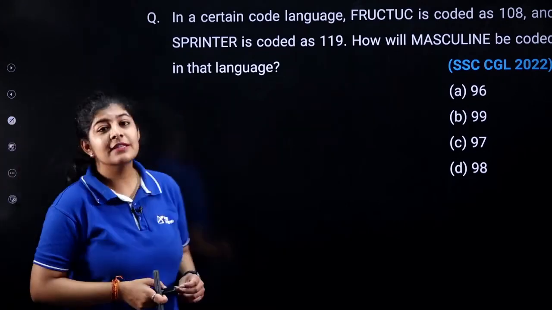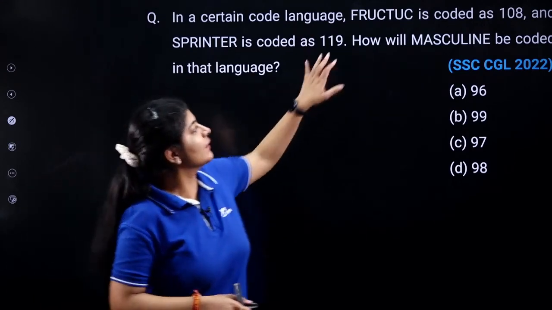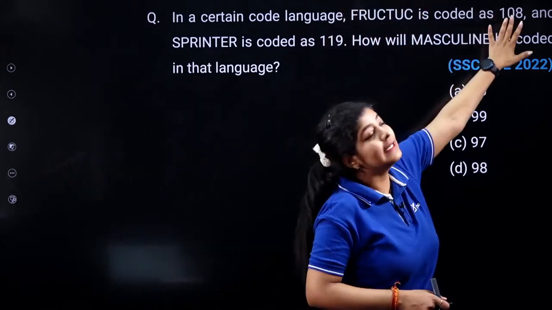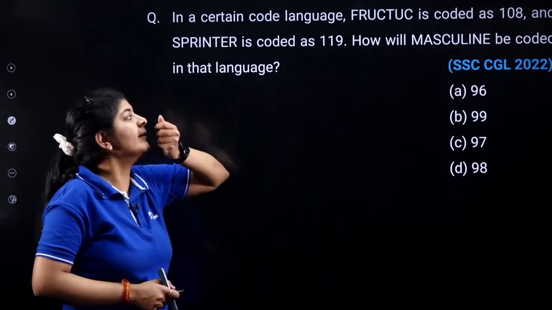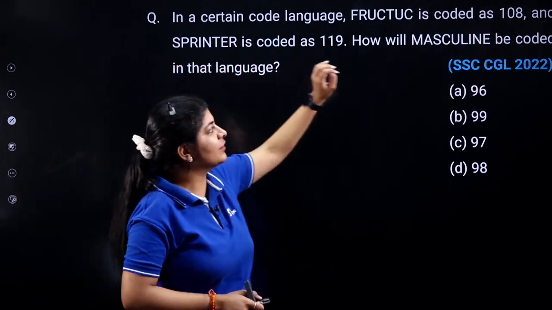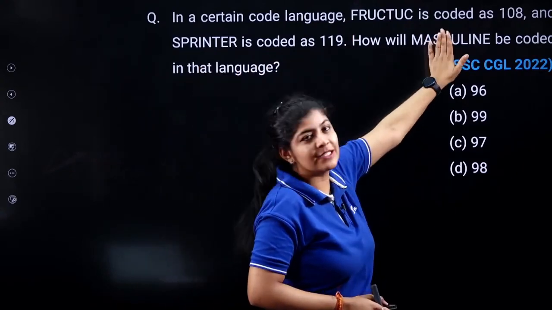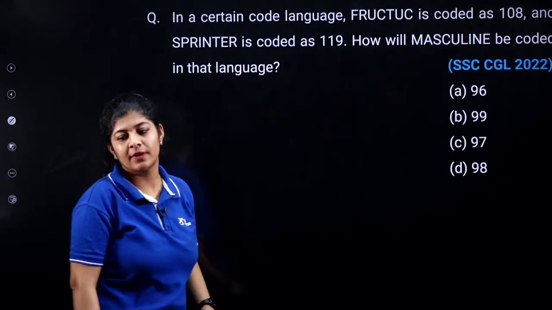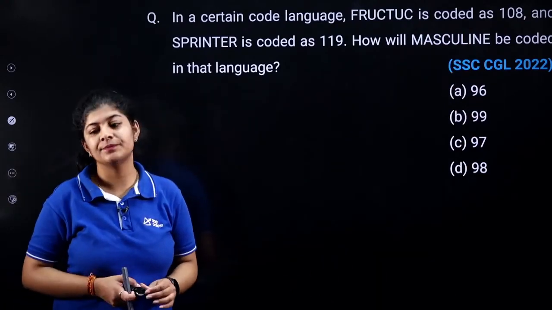So here this question is from the concept of coding-decoding, where this particular word is coded in a number. You have to determine what pattern we are going to follow over here, and with the help of that you need to determine what number will come at this place. Again, for this one also you need the associated numbers.